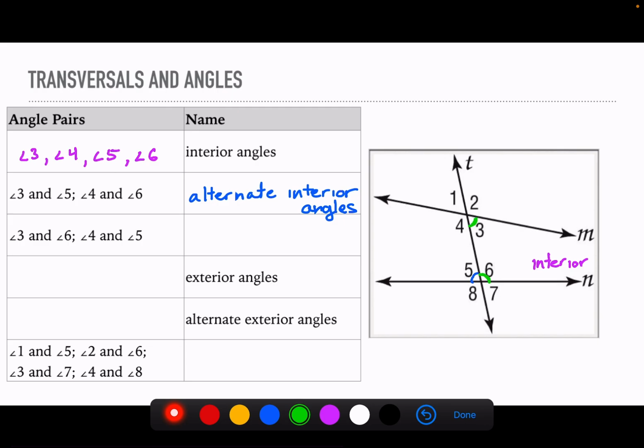We can also call them same side interior angles, but we can also call them consecutive.